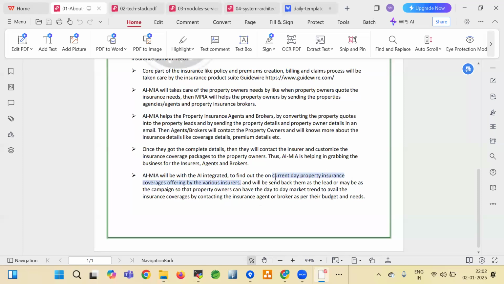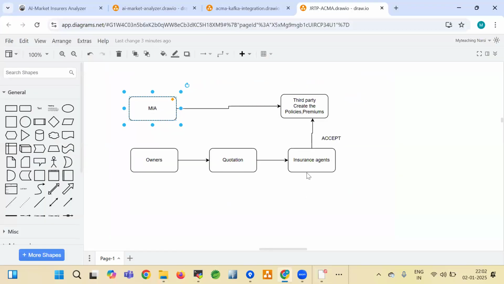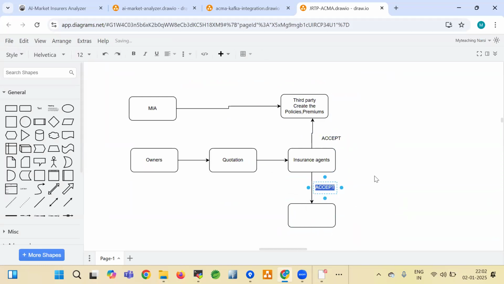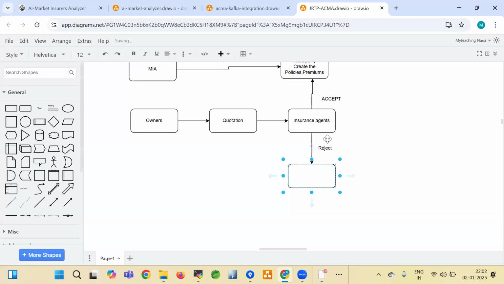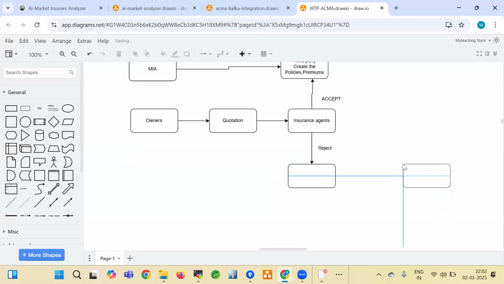So this is the case that we need to discuss. Let's say the insurance agent rejected the quotation. When he rejected it, he has to let the property owner know why he rejected it, right? So the rejection comes with the reason, and also any suggestions. So let's say this is the open market.